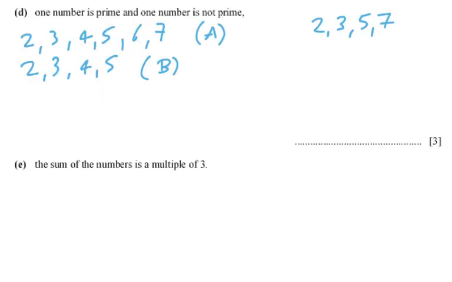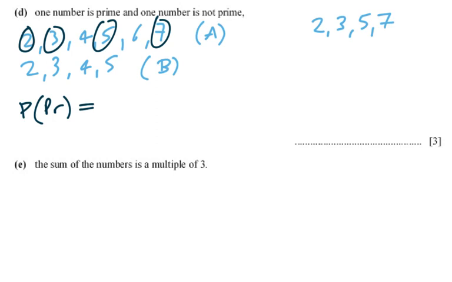So we have to figure out from spinner A, the probability of getting a prime number is, well, that's prime, 1, 2, 3, 4. So it's 4 over 6. And then the probability of it not being prime is going to be 2 over 6.